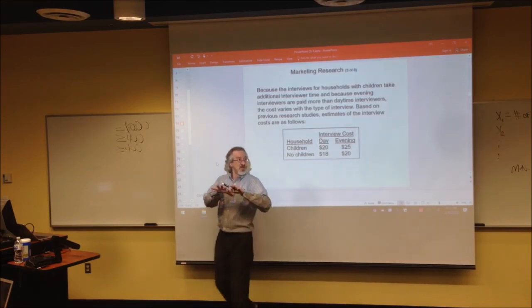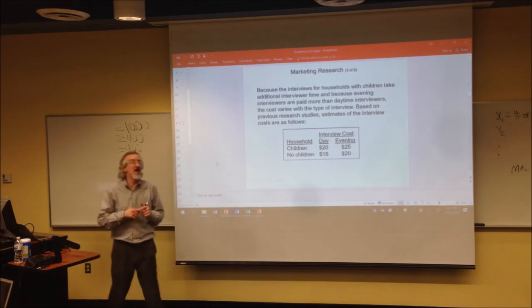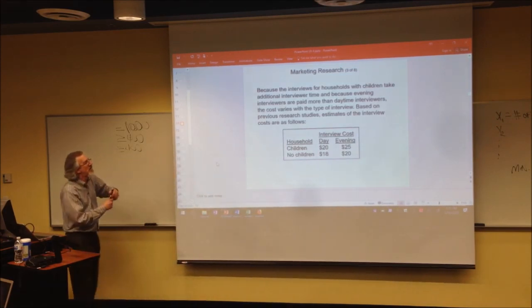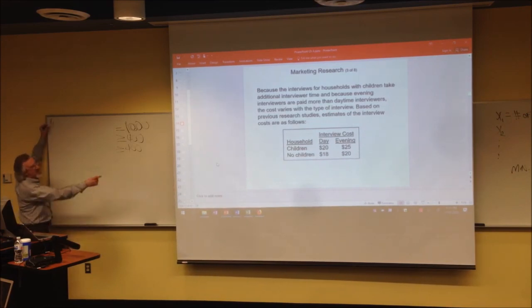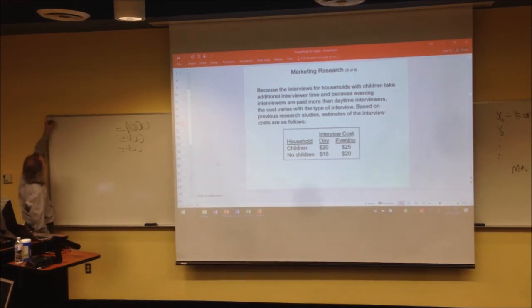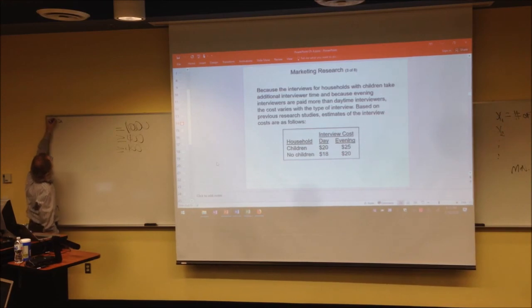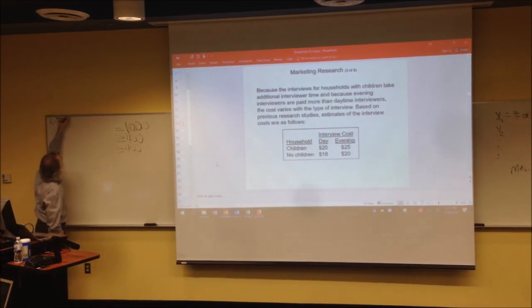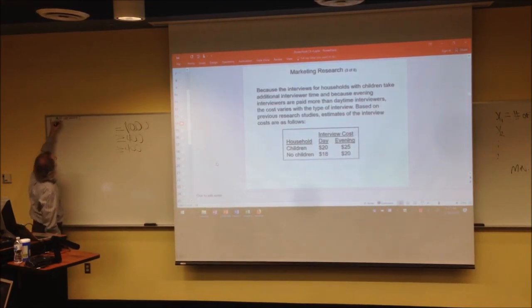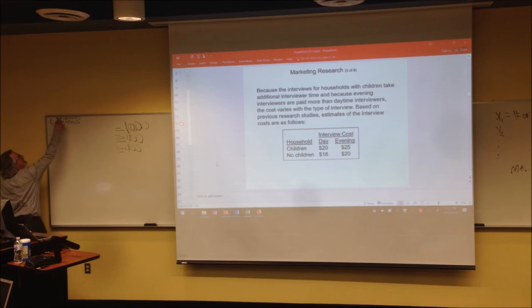Here's our cost. Let's turn these into variables. I'm just going to use X1, X2. I don't remember what it says on the next page, but I'm going to use X1 as, I'm at the top there, day children? Daytime, number of interviews. I need lots of words on your definitions. Number of interviews, daytime, with children.